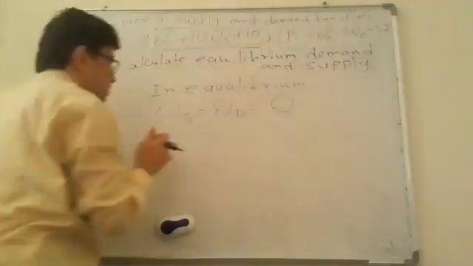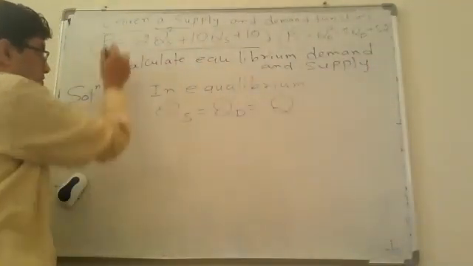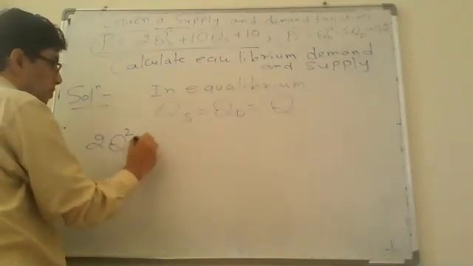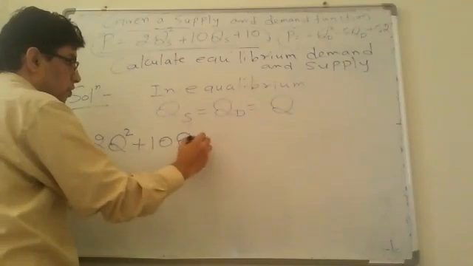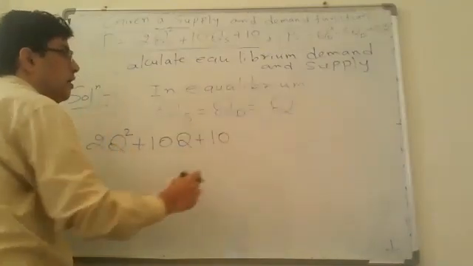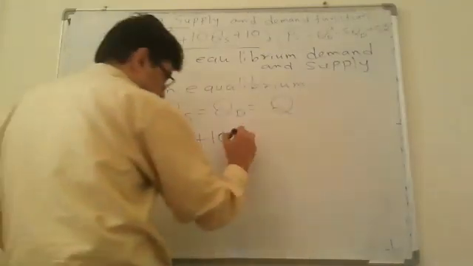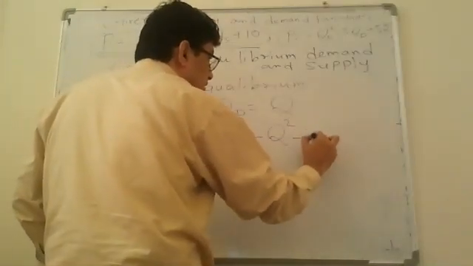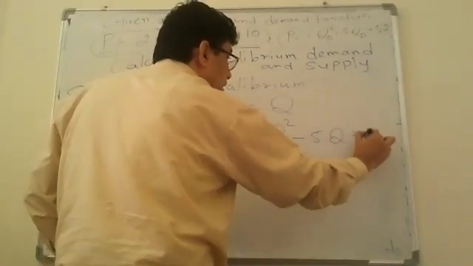In that case, you can use 2q square plus 10q plus 10 is equal to minus q square minus 5q plus 52.